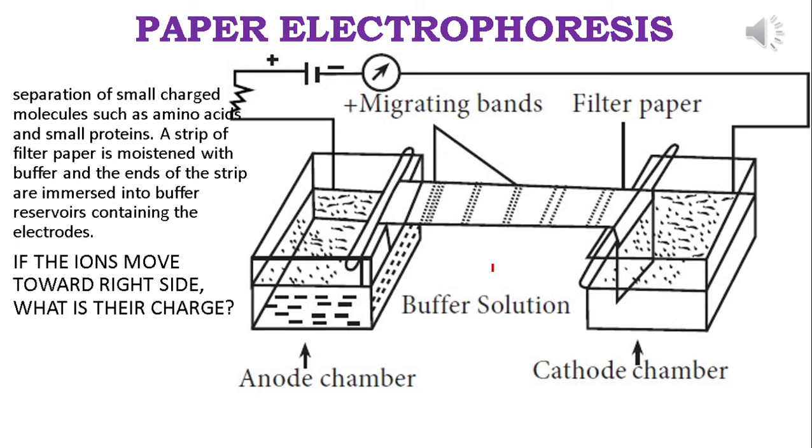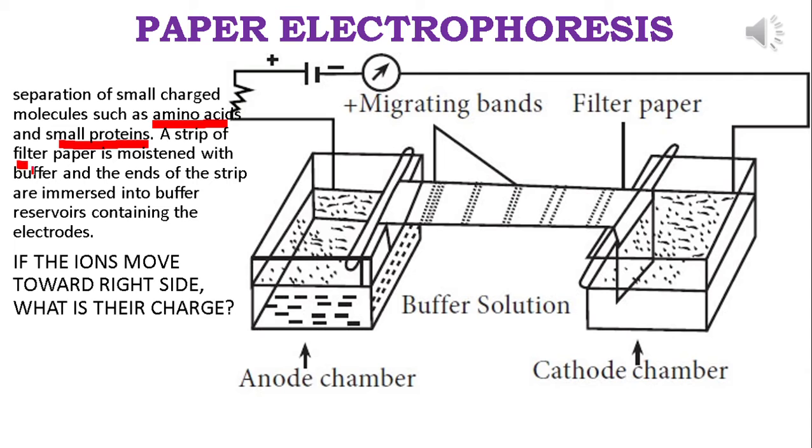Paper electrophoresis is a very simple type of electrophoresis used for the separation of small molecules and ions, for example, amino acids, small proteins, etc. Here we are using a filter paper.